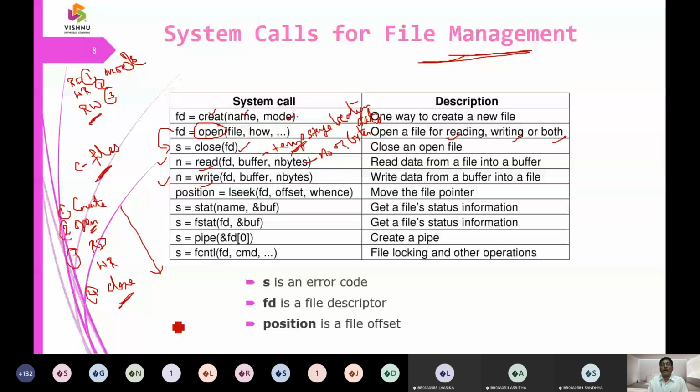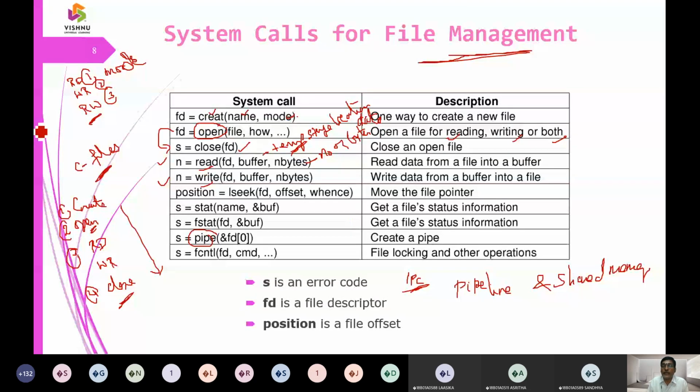Okay, now we will be having IPC, inter-process communication, and in inter-process communication we are going to have some pipeline and some shared memory. One, we are going to have a pipelining concept, and we are going to have a shared memory.